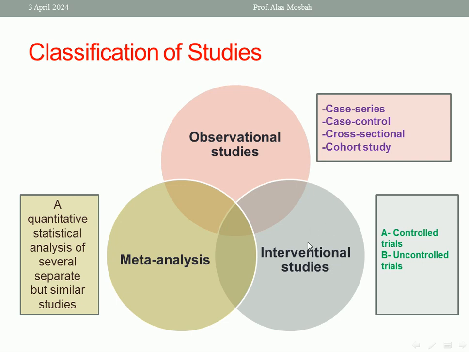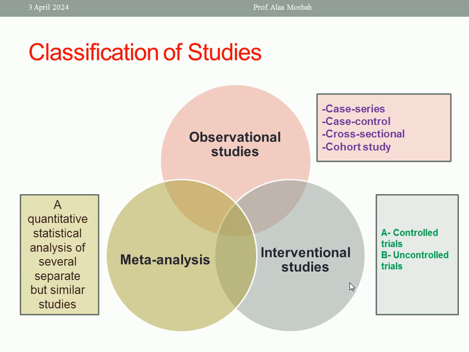If you are comparing drug A with drug B, for example, in this study, the patient doesn't know which drug she is taking, A or B, and the doctor who is doing the study also doesn't know. So this is called the double blind study. Single blind, the patient doesn't know only, but the doctor knows. Double blind, both of them don't know.